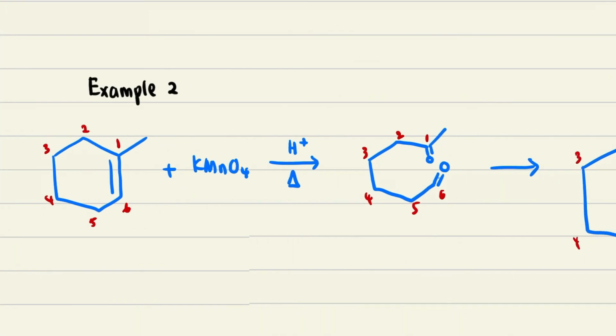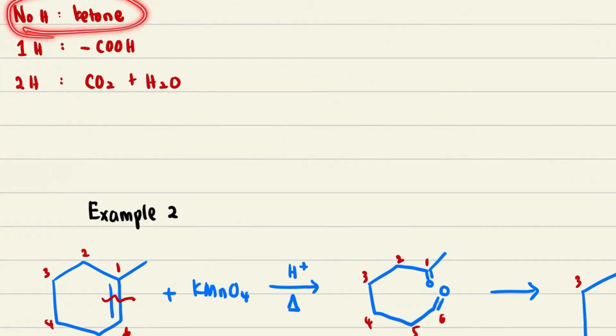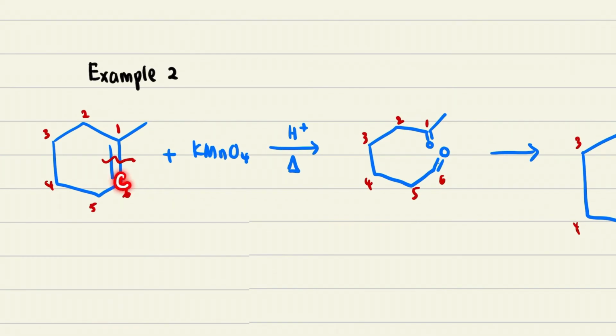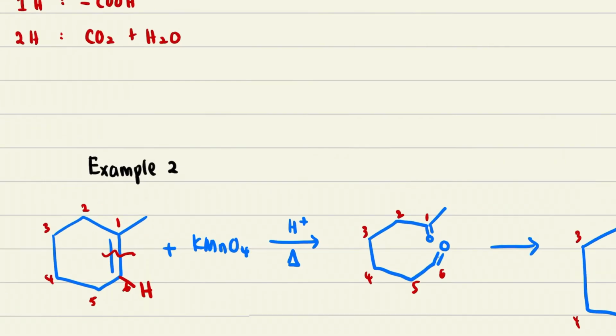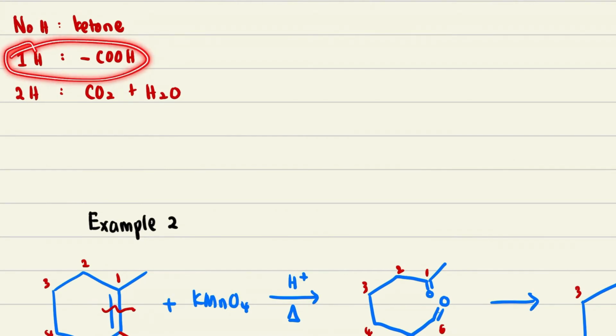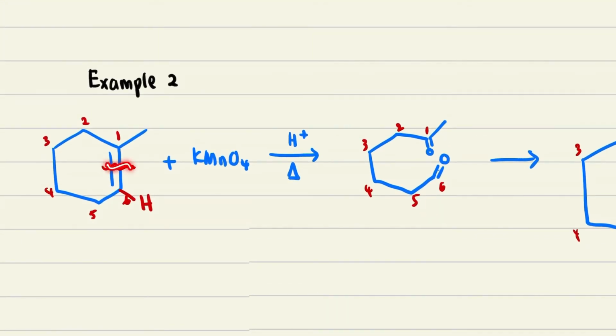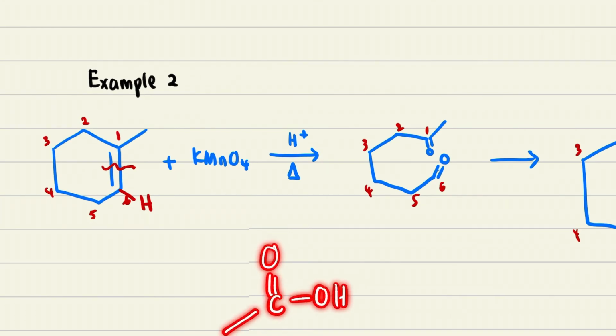But for the short way, like I did earlier, we can think: when this carbon-carbon double bond breaks, this carbon here has no hydrogen, so it is a ketone. It has no hydrogen, so it will remain as ketone. But this carbon actually has one hydrogen, so when it has one hydrogen, I said it will become COOH. So you can just break this bond, and then put C double bond O, OH.